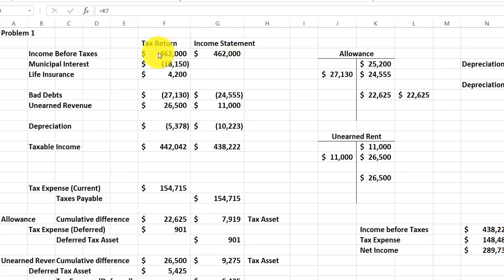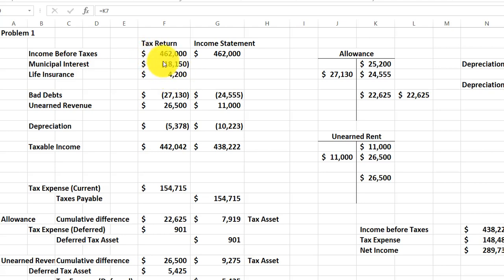We know that everything that's the same on the tax return and the income statement adds up to $462,000 of income. So to that point, both the tax return and the income statement are the same. Then we can start looking at the differences. I think that might help us see this a little better than just doing the tax return and the differences.